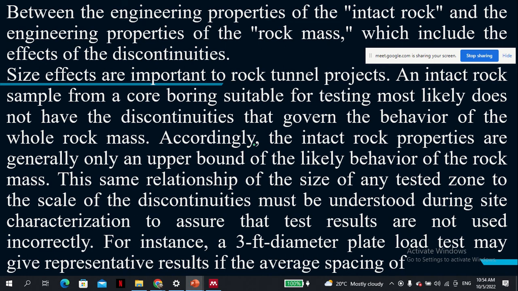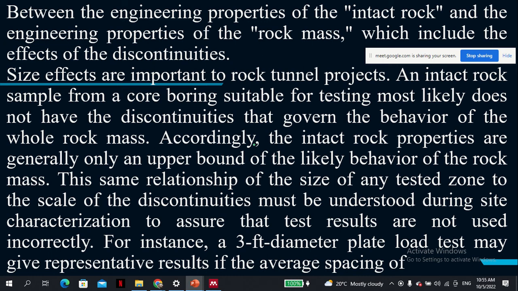You are limited in how deep, or the height of the sample that you can collect is limited. So these are factors that have to be considered.